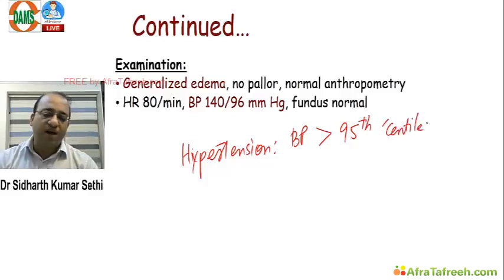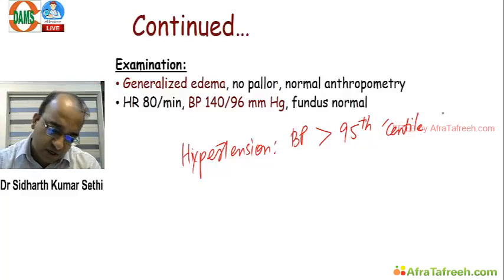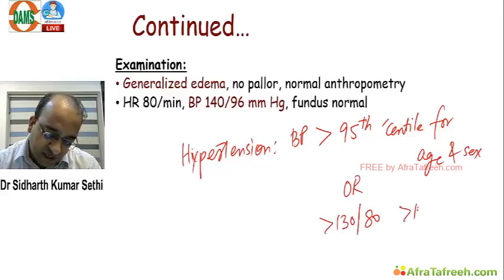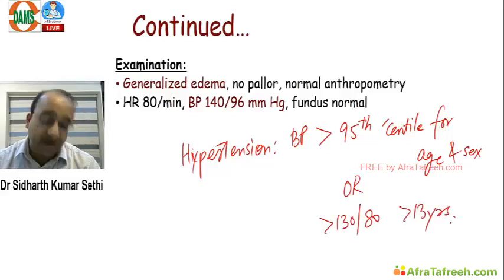So if we have blood pressure charts, and if the blood pressure is more than the 95th percentile for age and sex, or simply, a blood pressure more than 130/80 for a child more than 13 years is hypertension.